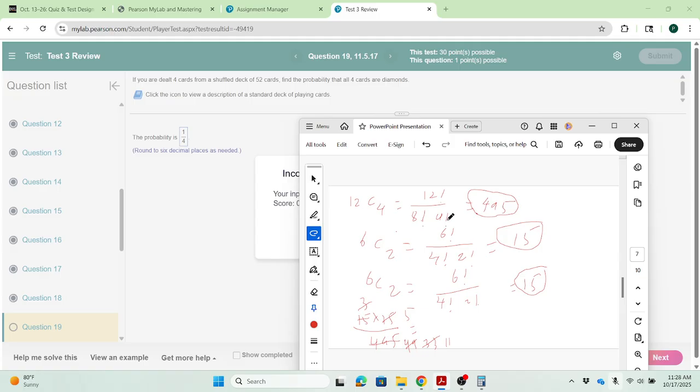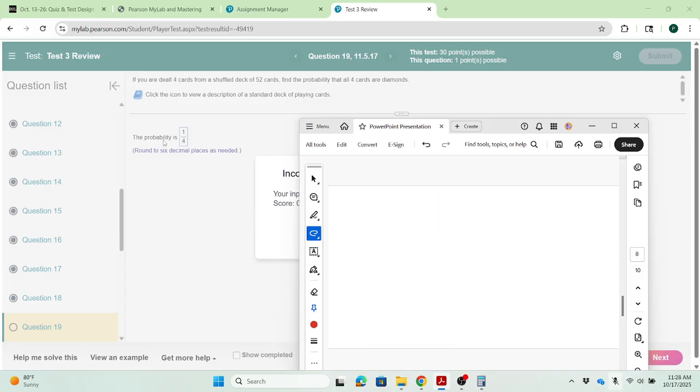So let me just go back. Find the probability that all 4 cards are diamonds. Okay, sorry about that. This probability is for 1 card being a diamond, which is 13 cards divided by 52. So I did it wrong because I found the probability of choosing 1 card, not the 4 cards.